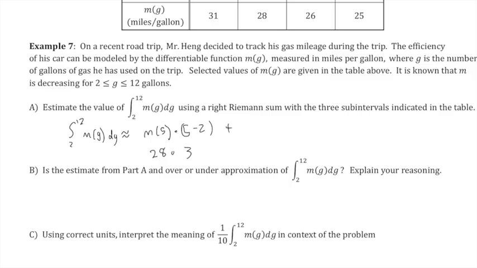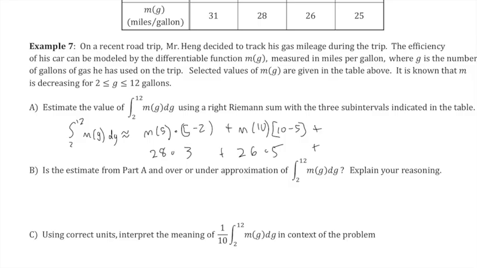the next rectangle is here. We're going to use a height of 26 because we're using the right side. And the width of the rectangle is going to be 10 minus 5. So this would be 26, and this is 5. And then the final rectangle is going to be here.